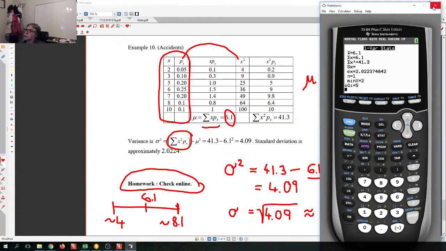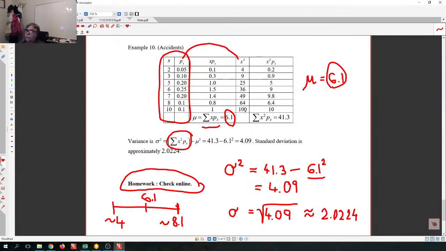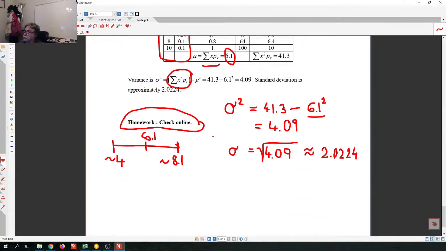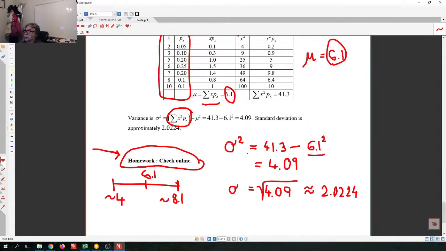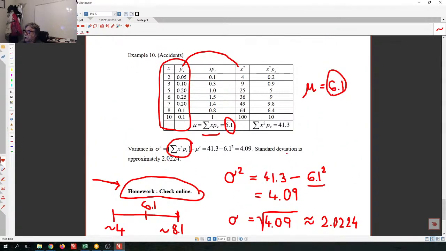All right, so you can use your calculator here. Okay, now I think I'm done. I'm going to leave you to check the homework. That is important because you're going to get some routine on how to calculate this table. It's important to remember.